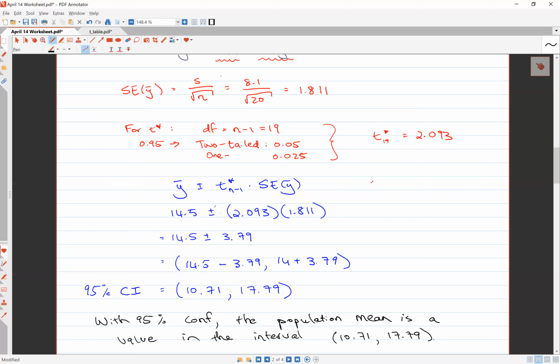And let's just talk for a moment again about what that means practically. Firstly, well, let's see, someone has a question here. Oh, yes, it should have been 14.5 plus 3.79. I messed up here.